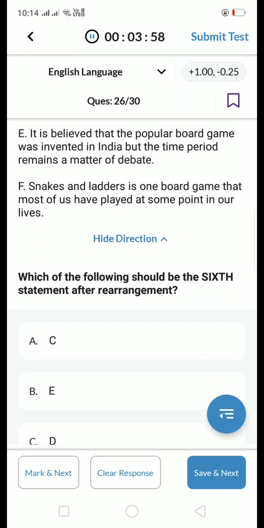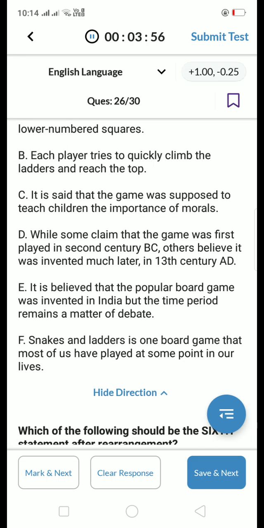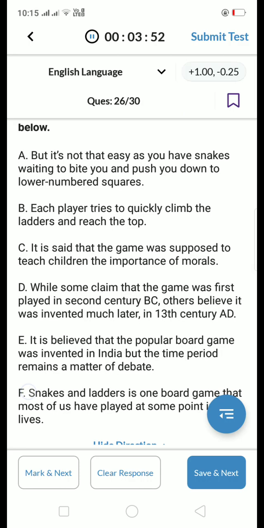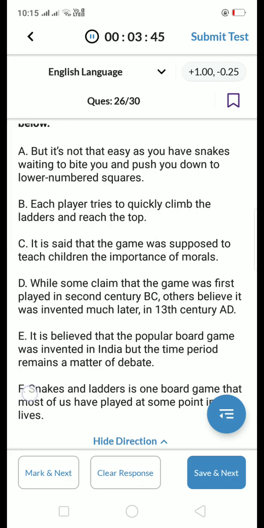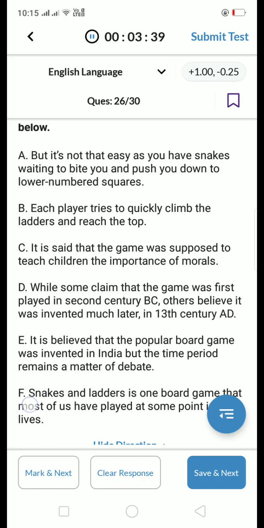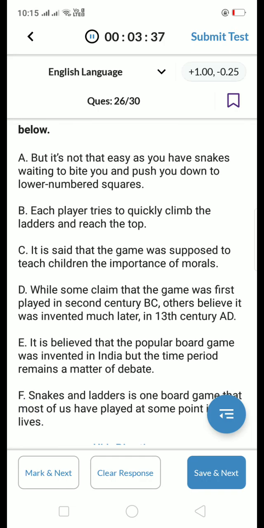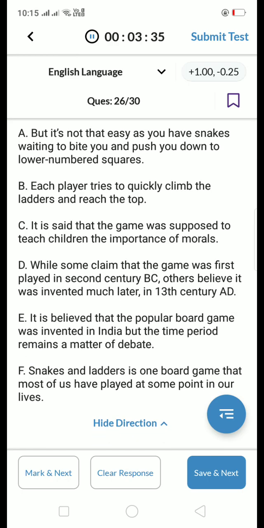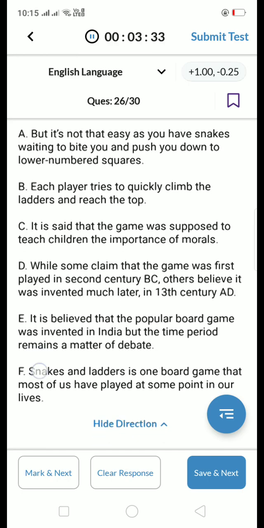Okay, para jumble. F से तो start हो रहा है. Snakes and Ladder is one board game that most of us have played at some point in our lives. It is said that the game was supposed to teach.